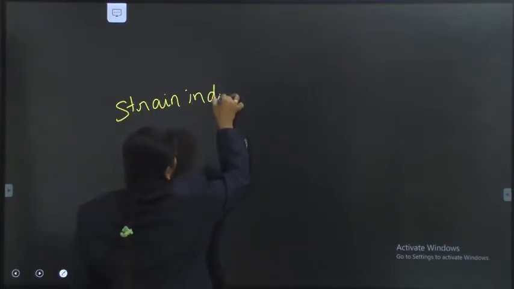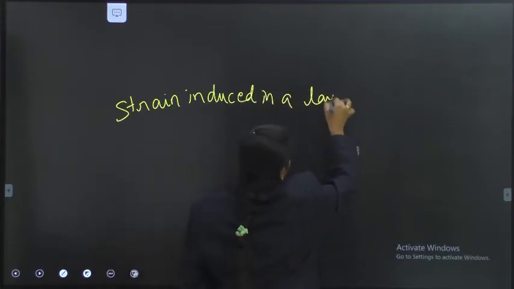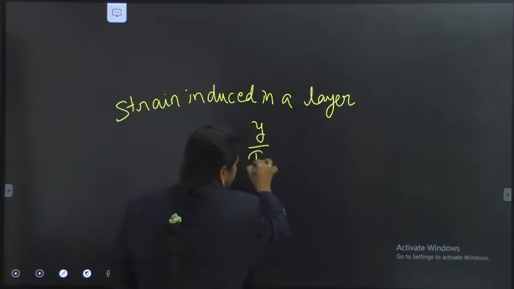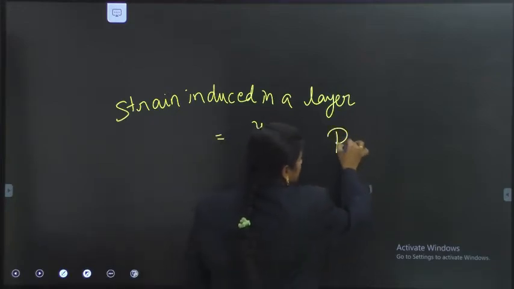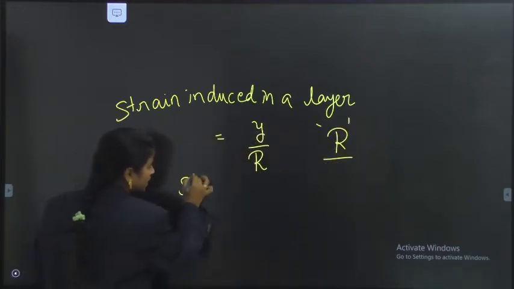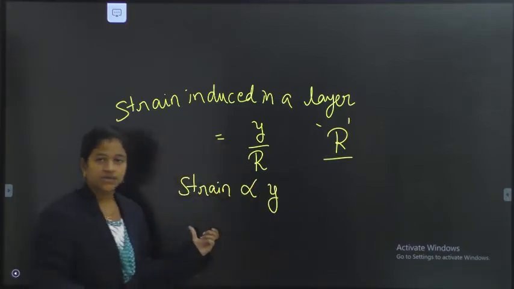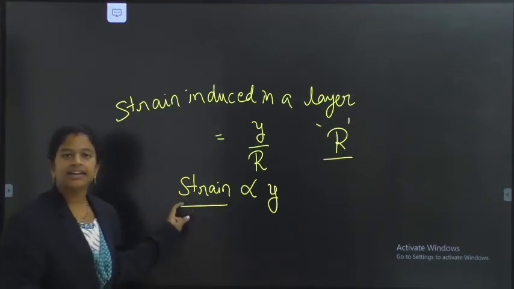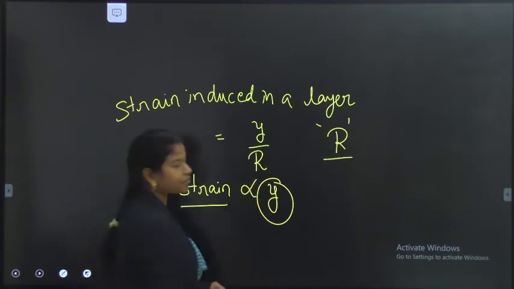Strain induced in a layer is y by capital R. As R is constant, only y is left. So strain is directly proportional to y. Strain in any layer is directly proportional to the distance of that layer from the neutral layer.